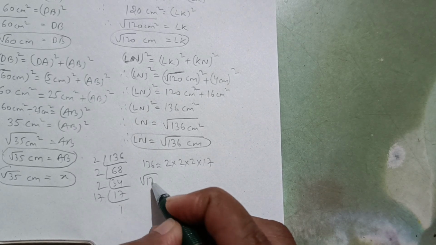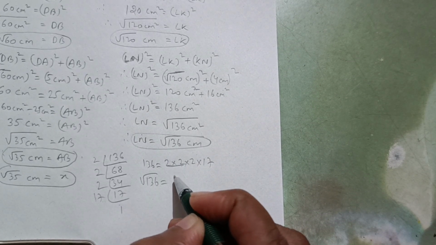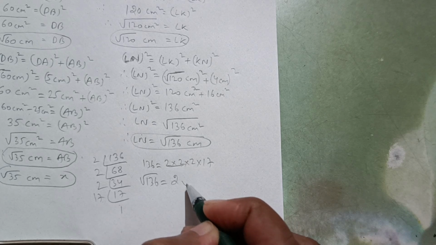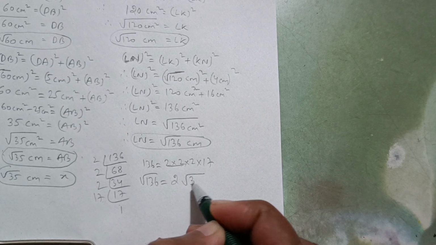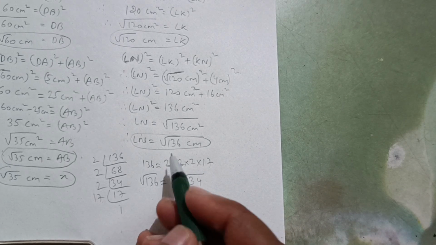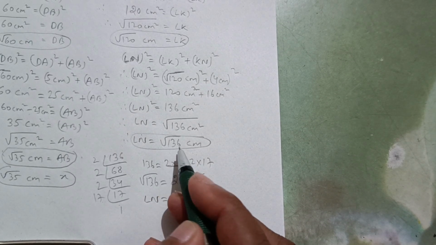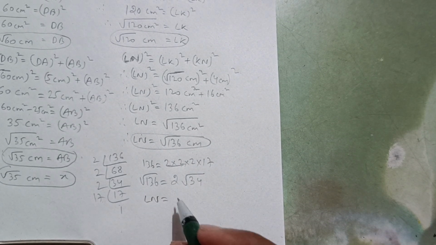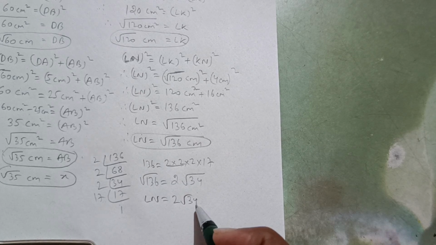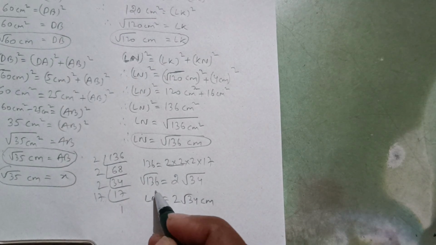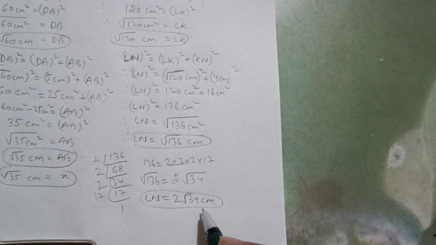So square root of 136 is 2 square root of 2 into 17, which is 34. So 2 square root of 34. So you can also say that LN is, instead of square root of 136, 2 square root of 34 centimeter.